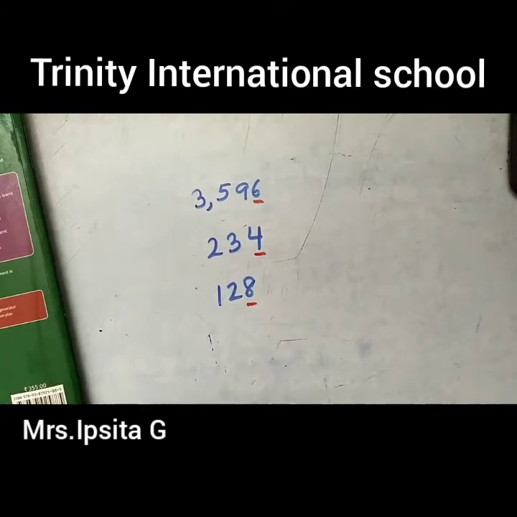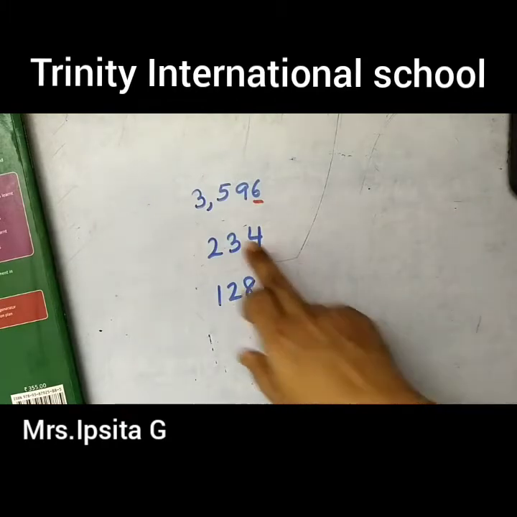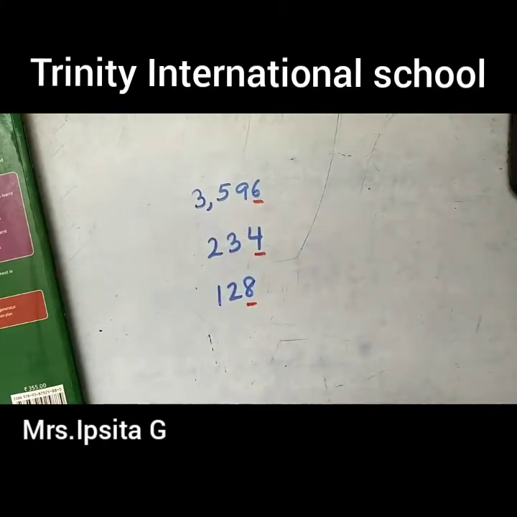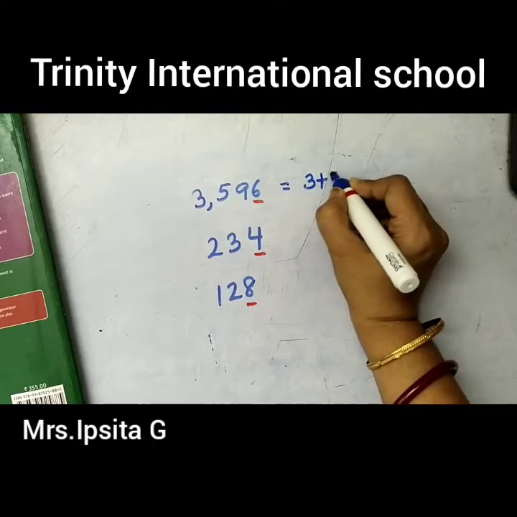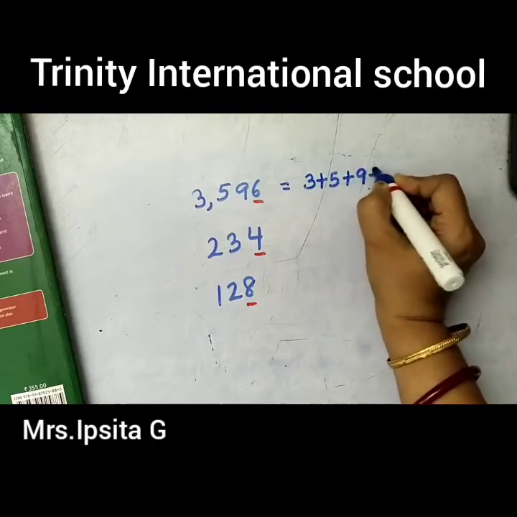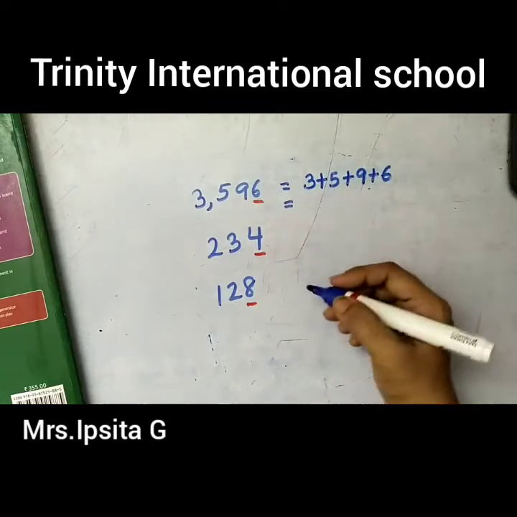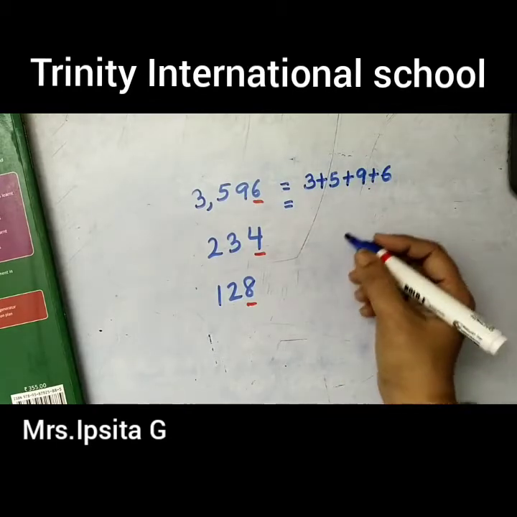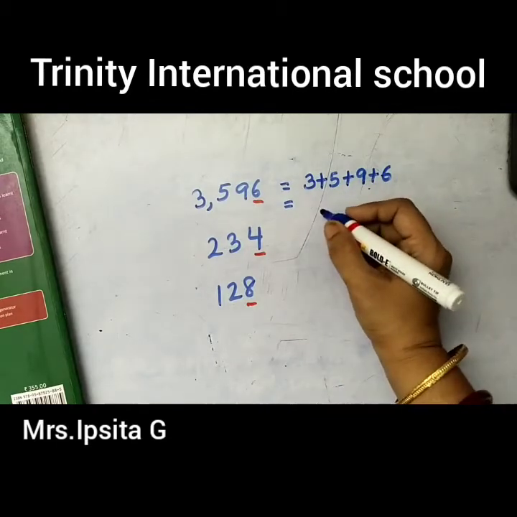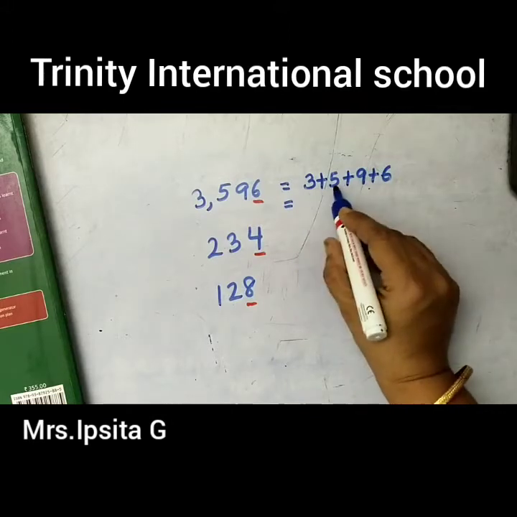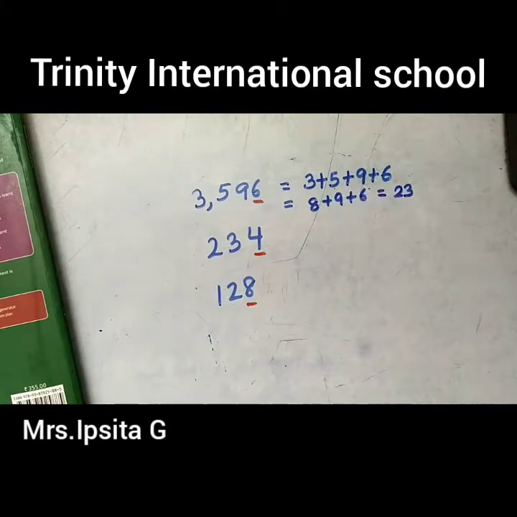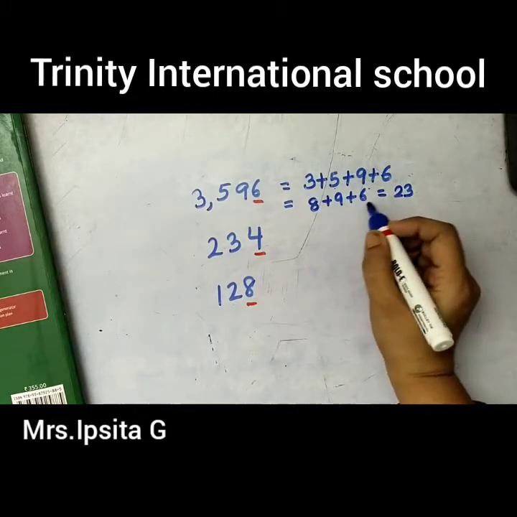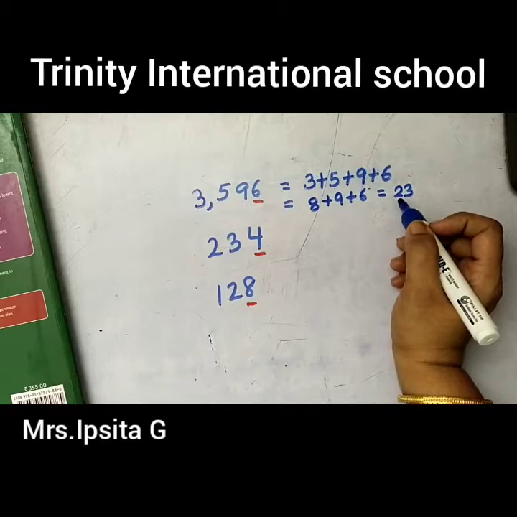Now let us see whether this number is divisible by 3 or not. So for that we need to first what? We need to add up all the digits. तो देखिए यहाँ पे हमने ऐड करना है 3 से डिविजिबल है या नहीं ये जानने के लिए. सो यहाँ पर देखिए 8 प्लस 9 प्लस 6, 23, isn't it?